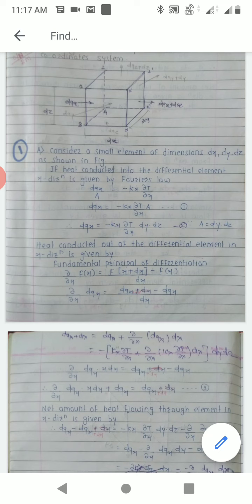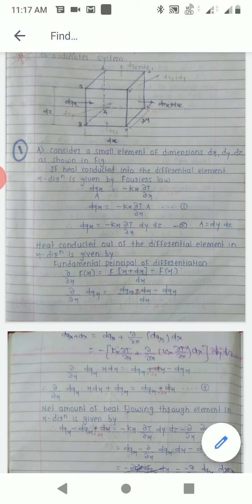From 3 to 4 we have length dy, and from 1 to 4 we have height dz. On the left-hand side you can see dz. So we have area equals dy into dz.